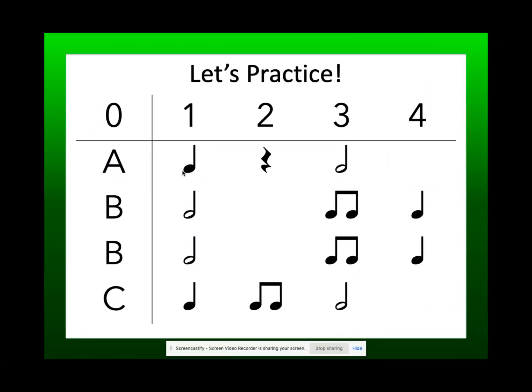See if you can get to the end when I get to the end. I'm not going to say everything this time. 1, 2, ready and go. All right. Following my little mouse pointer isn't always the best, but hopefully you got to the end when I did.